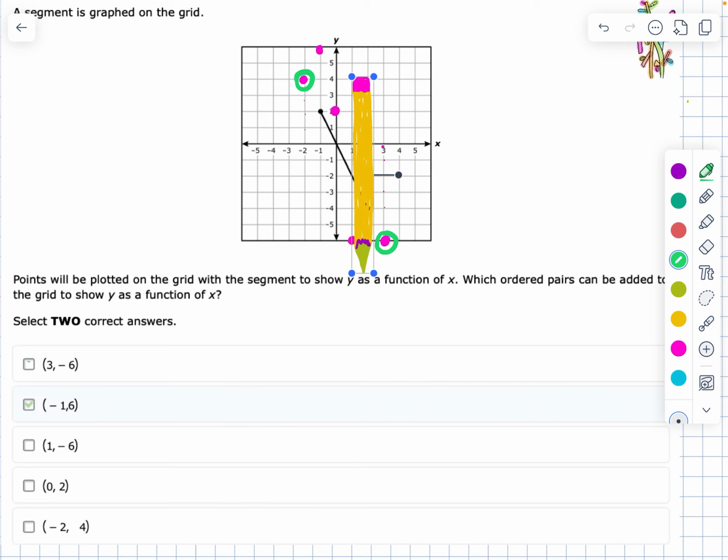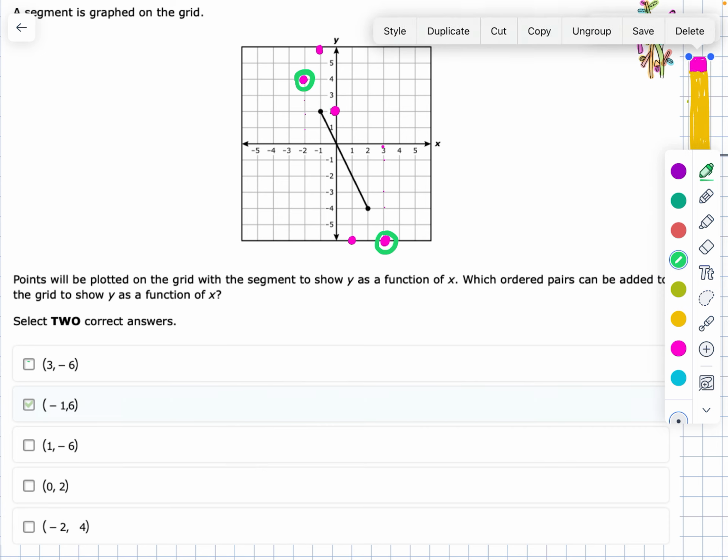So in this case, at 1, we've got a negative 2 and a negative 6. So we can't have 2 y values for one x value in a function. And the same thing happens here. At 0, we've got 2 points, and then at negative 1 for x, we also have 2 points. So I know those 3 points do not make a function when you include that line segment.